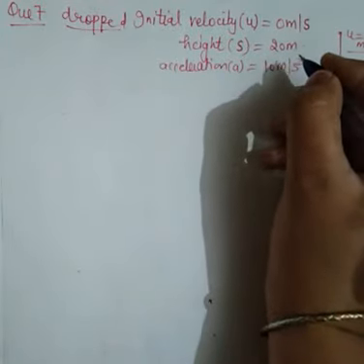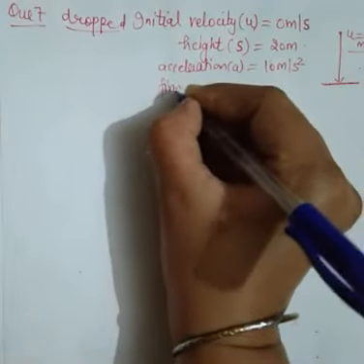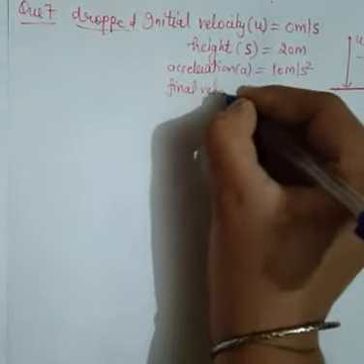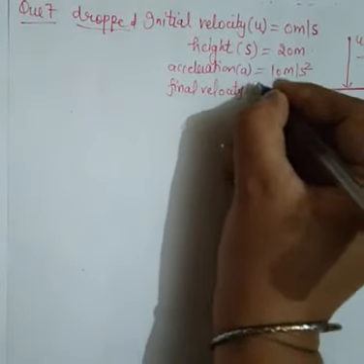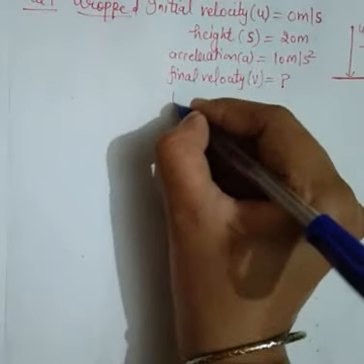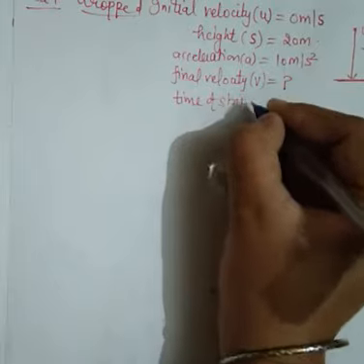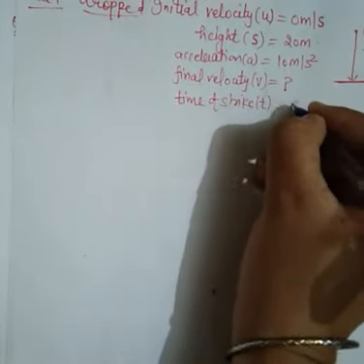What will be the velocity when it strikes the ground? It means the final velocity V is to be calculated, and after what time will it strike? The time of striking the ground, T, is to be calculated.